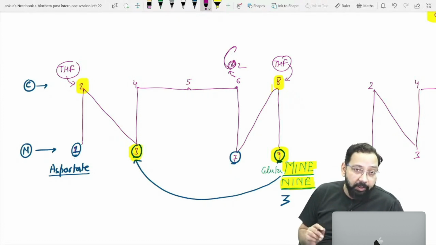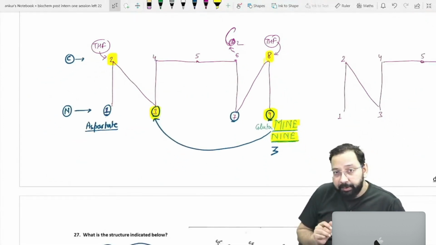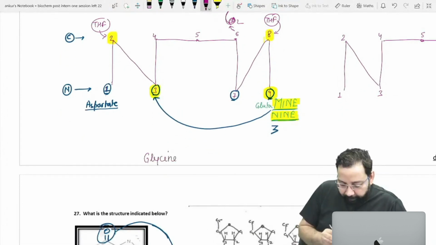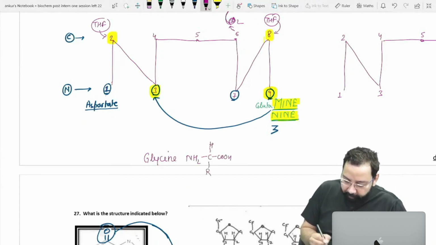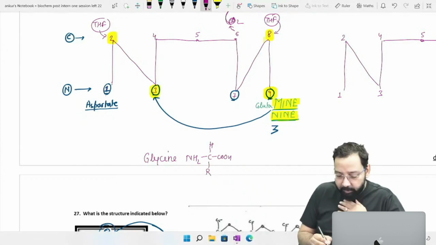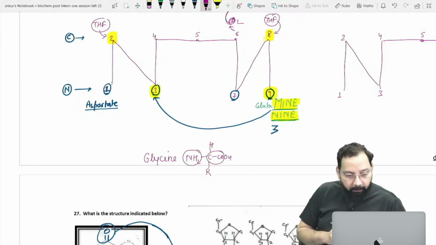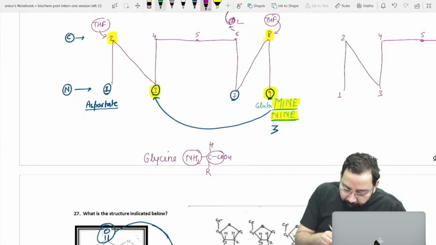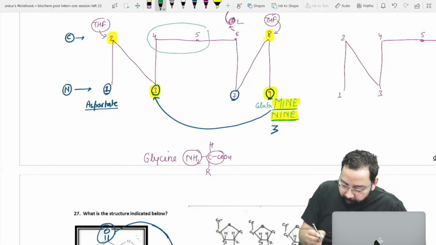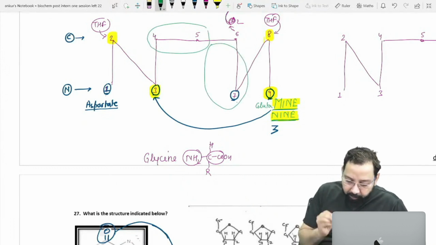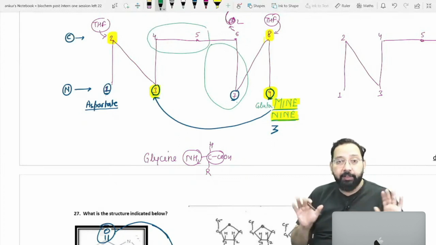Now again a conceptual mnemonic. If I ask you the structure of glycine, the amino acid, it is having one nitrogen and two carbons. I can contribute one nitrogen and two carbons, which means complete glycine is utilized.